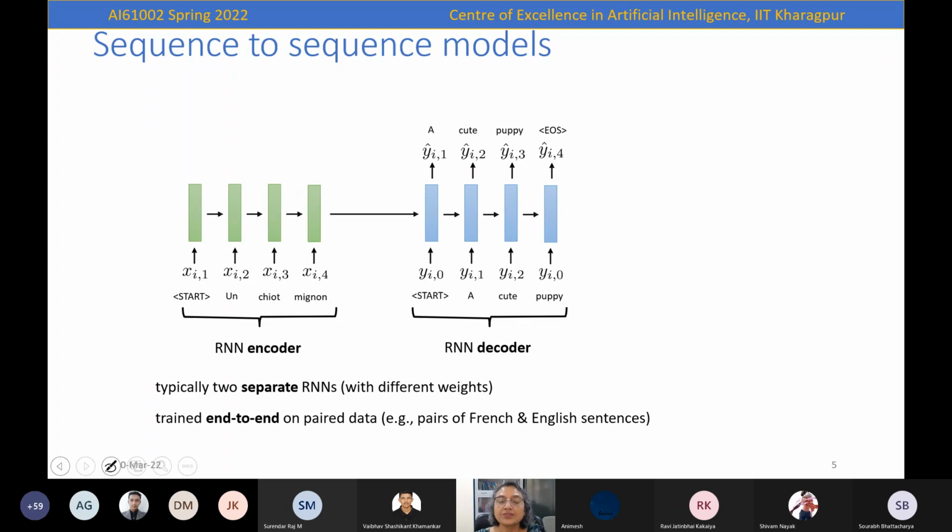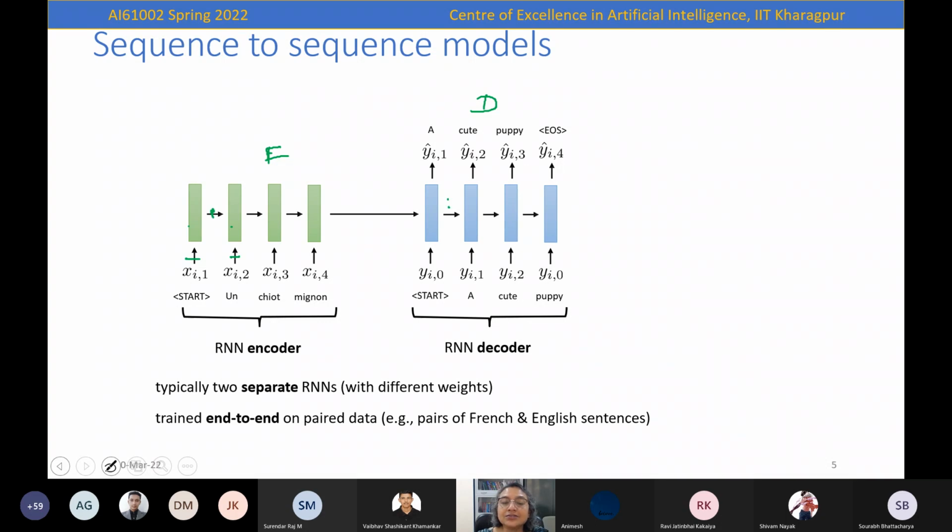So typically, there are two separate RNNs, one for the encoder, one for the decoder. So you have parameters for input to the encoder and hidden state of the encoder to the next hidden state of that encoder. So there is one set of parameters here. And then you have parameters for the decoder state.